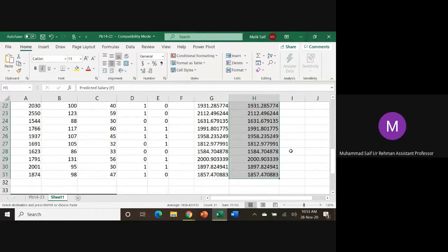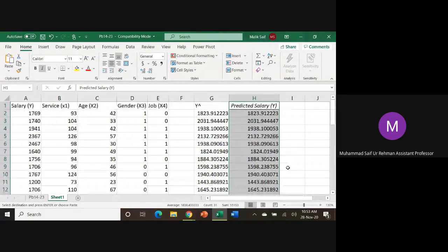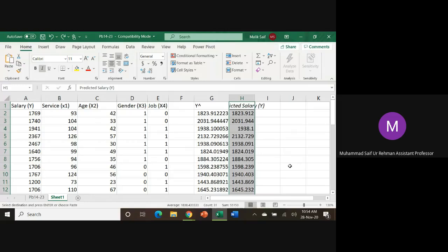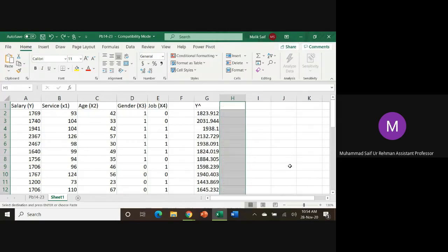Okay, so in this way you will find out the values on your answer sheet or notebook. Fine. Because these are the same values, I'm not interested in keeping these values. I am just interested in y hat. Then I am interested in finding out the residual values.